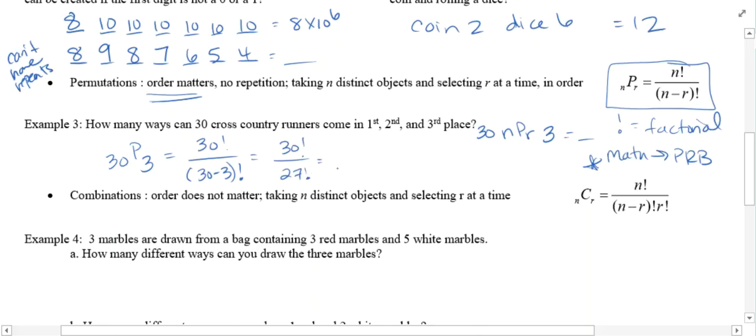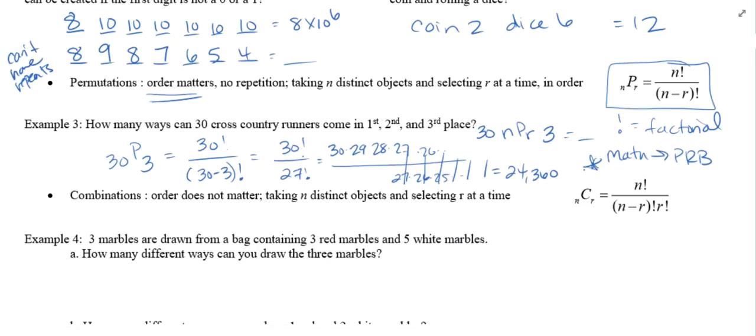Factorial means that you're going to multiply every number from there all the way down to 1. So think about it, this would be 30 times 29 times 28 times 27 times 26 all the way down. Can we tell what's going to happen on the bottom? This is 27 times 26, 25, and so on. All those are going to cancel all the way down. So really, it's just 30 times 29 times 28. Okay, so you can use your calculator. You can also use your brain, whatever you choose. But multiply it out, and that's what you're going to get.